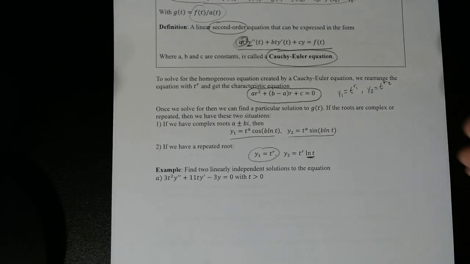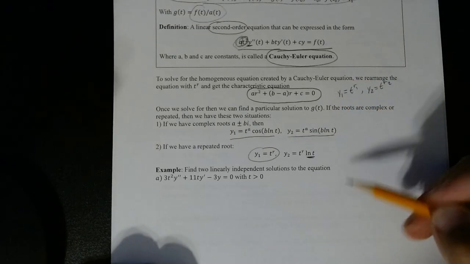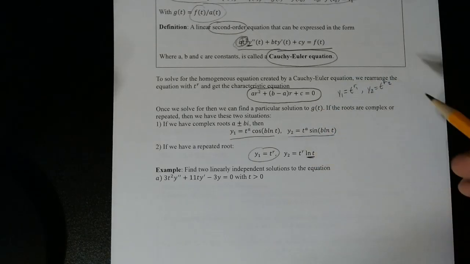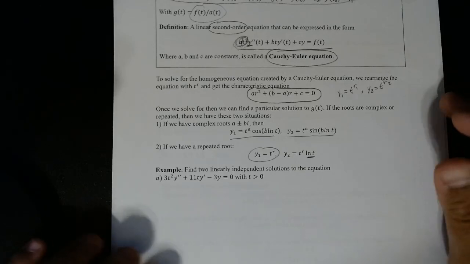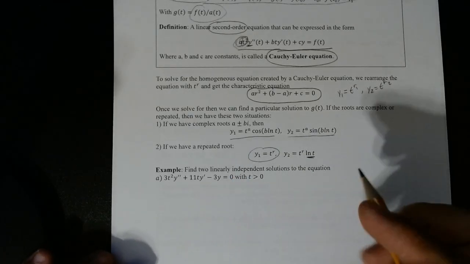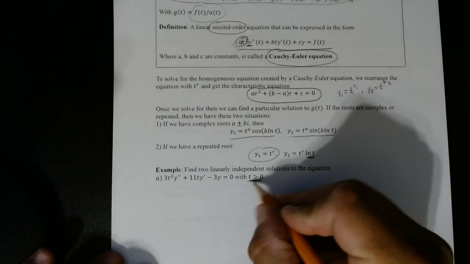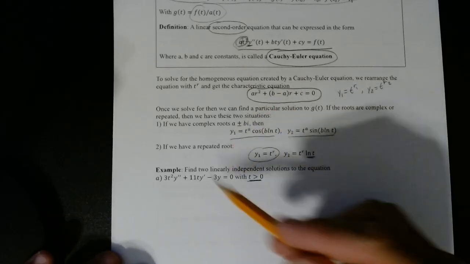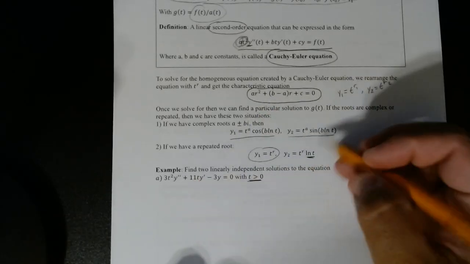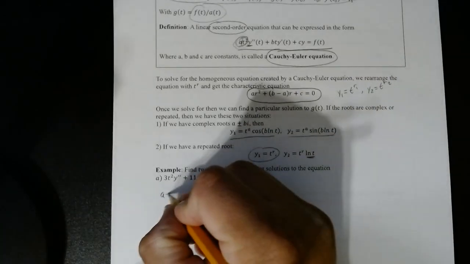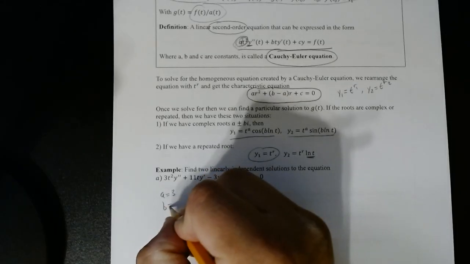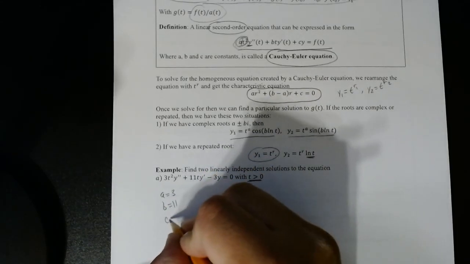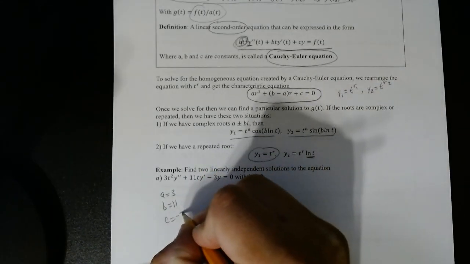Okay, so let's put this into practice, each individual case. Find two linearly independent solutions to the equation. You'll see why this is important in a little bit. We'll just follow the process we have here. First, let's write down a is equal to 3, b is equal to 11, and c is equal to negative 3.